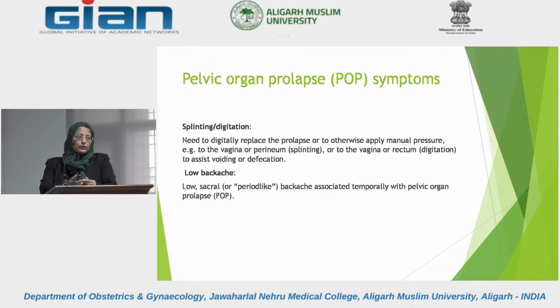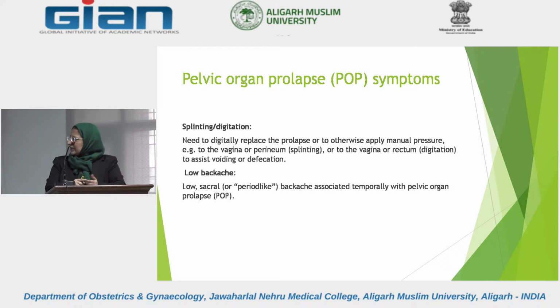Sometimes patients have to do manual evacuation of stool from their rectum, and that is where digitation is related to, but splinting means pushing. Let's see what the definition is. Need to digitally replace the prolapse or to otherwise apply manual pressure to the vagina or perineum or to vagina or rectum to assist voiding or defecation.